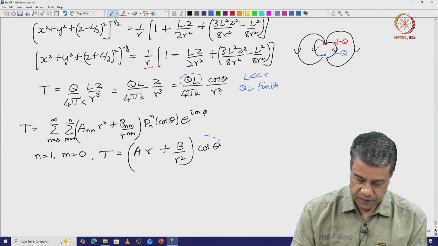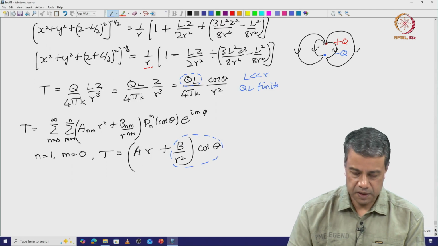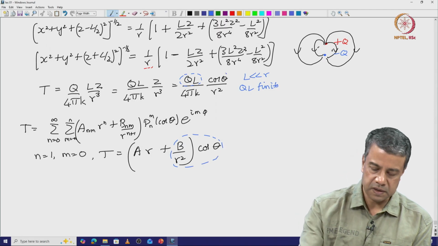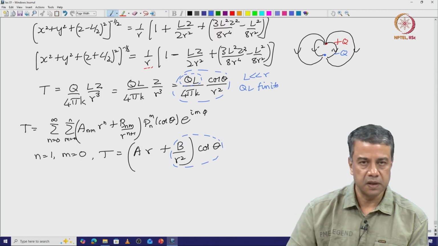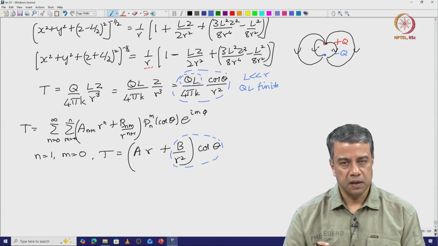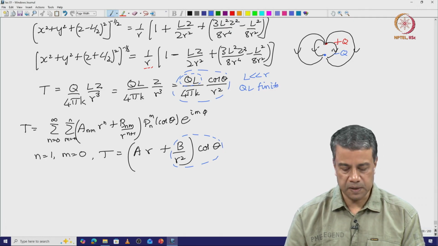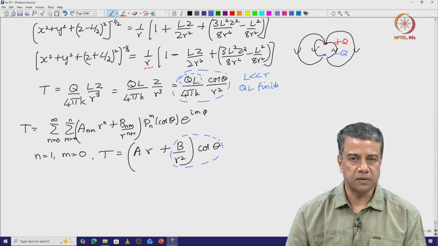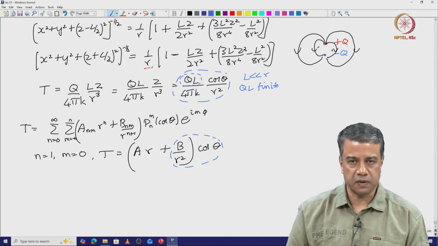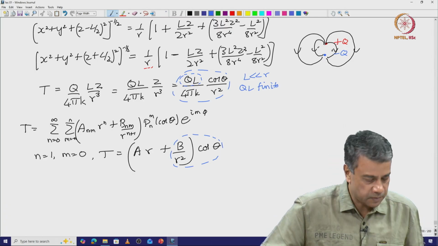And this term, 1 over r square times cos theta, to within a multiplicative constant is identical to this one. So the source and sink separated by a small distance along the z axis corresponds to a point dipole, which is n is equal to 1, m is equal to 0 in the expansion of spherical harmonics.